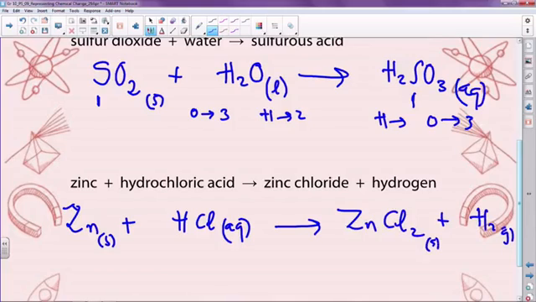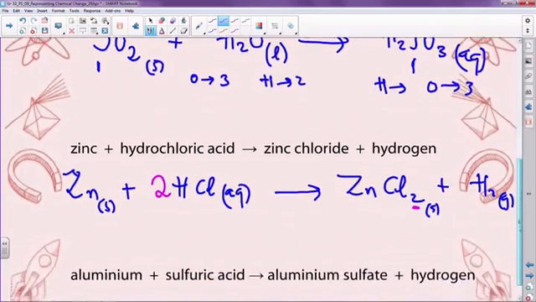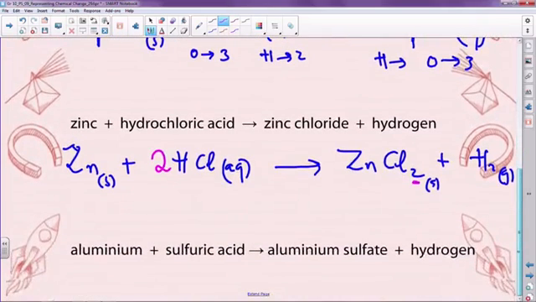Very key. Then we understand that the zinc is balanced, the chlorine is not balanced, and if you check, there are 2 atoms of hydrogen on the right, and there's 1 on the left. So if we balance that, it also takes care of the chlorine, which also has 2. Very, very important. So this is the balanced equation of reaction.